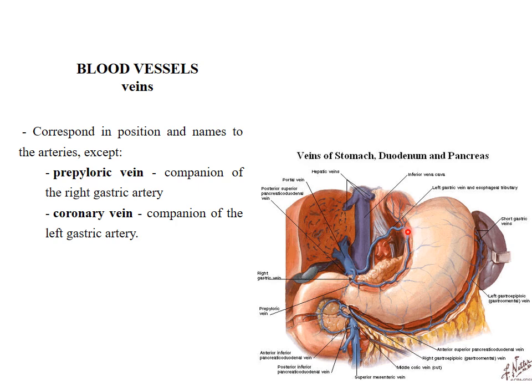They drain blood from the stomach. Also, veins from the inferior part of the esophagus and superior part of the fundus, and veins of the cardia, have anastomosis with the esophageal veins, and these are the portocaval anastomosis.